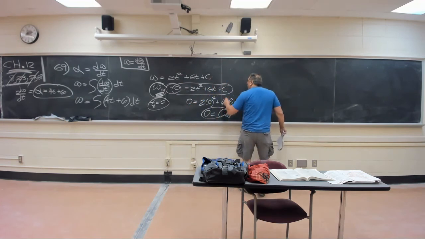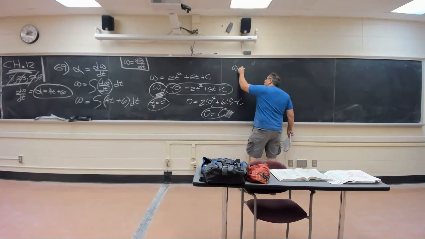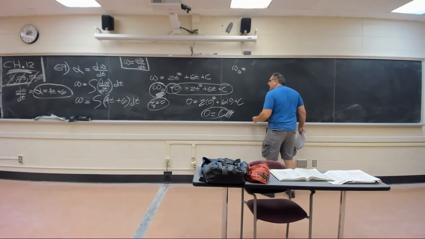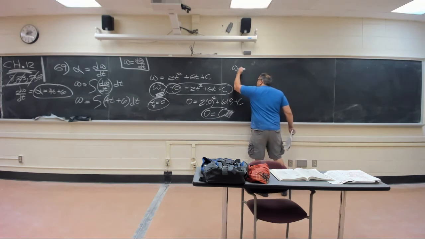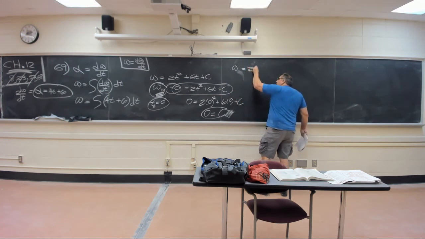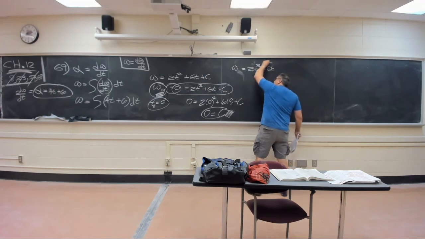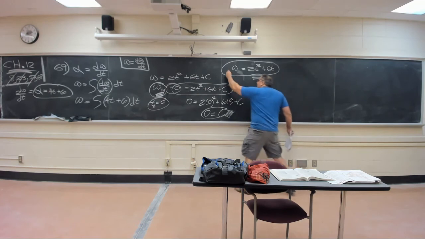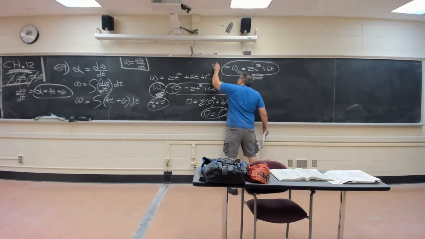So c is 0, and omega sub 0 is equal to 0, as we said. The omega function, as a general statement, we just got ourselves out of the woods a little bit. This is the general statement of the omega function, which, by the way, is the same as d theta dt.